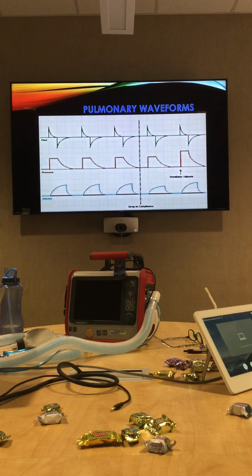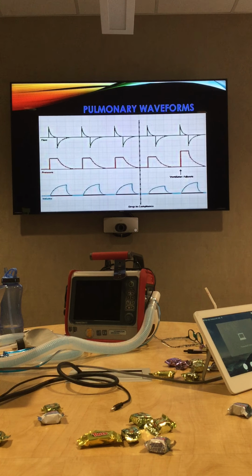This waveform you're looking at is a PRVC type waveform, which is one of the concepts of ASV, almost exactly like that, because you're going to be utilizing a guaranteed minute volume versus just a volume by itself. So I'm not going to say I'm going to give you 500 cc's and that's guaranteed, but you're going to be doing it that way.